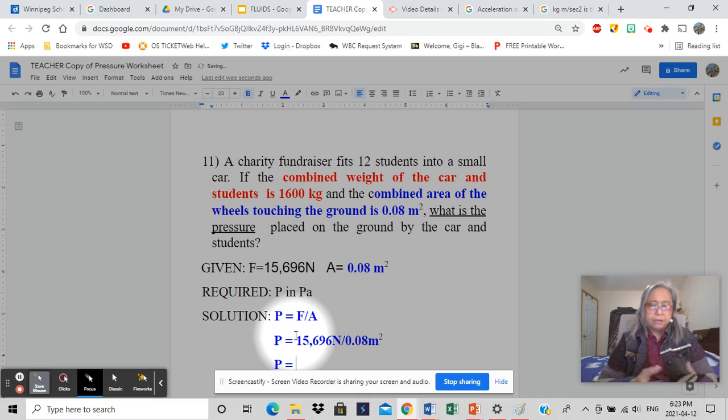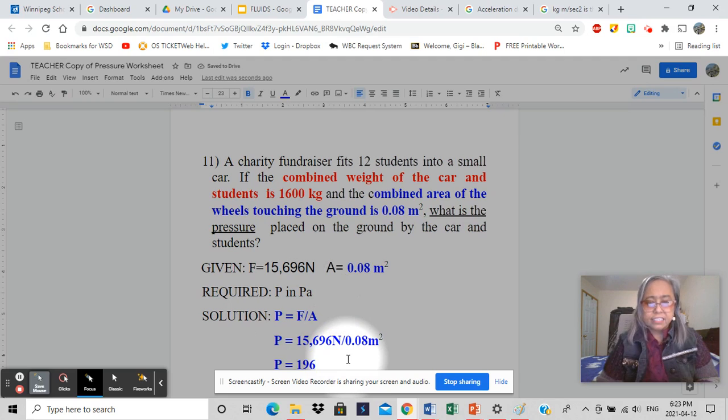So I have here 15,696 divided by 0.08, equals sign. I have here 196,200. Once again, the unit, it would be in Pascal, okay?